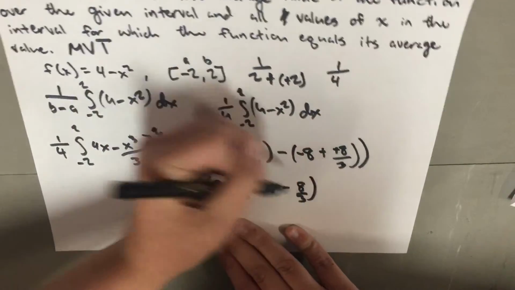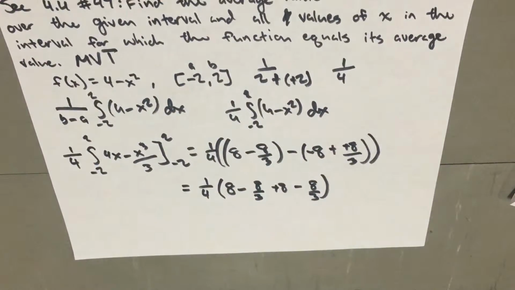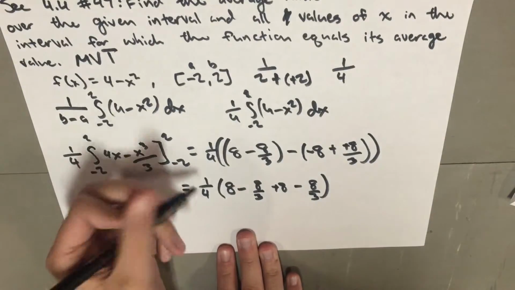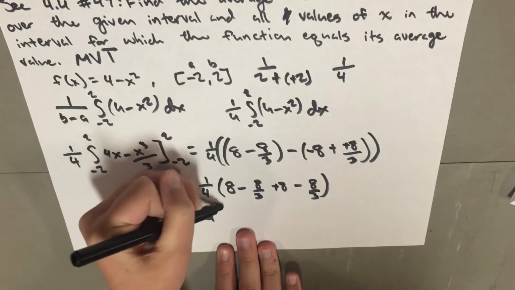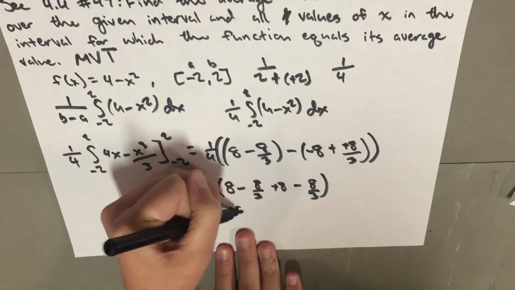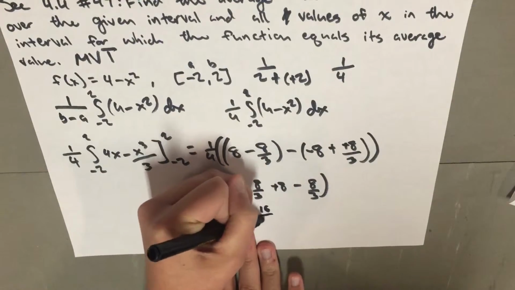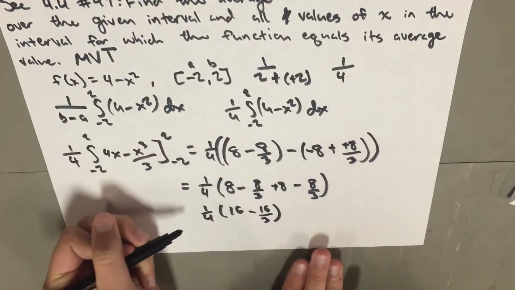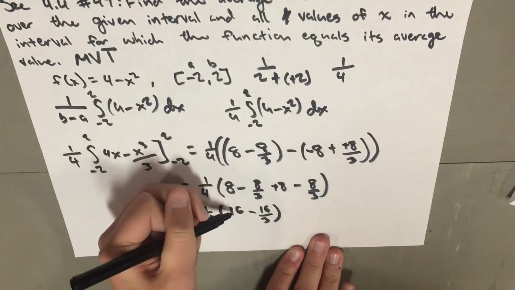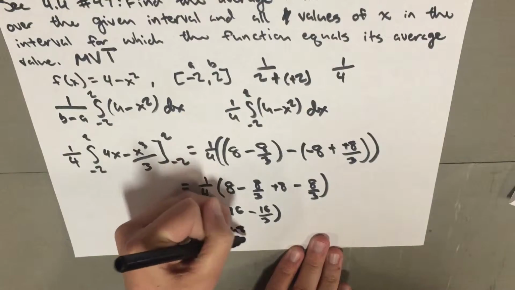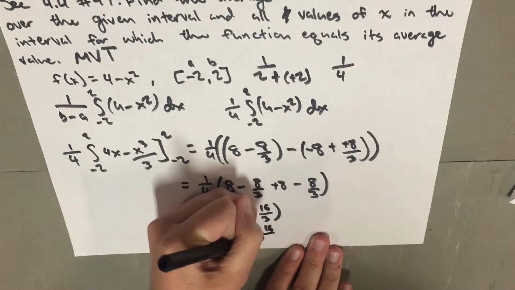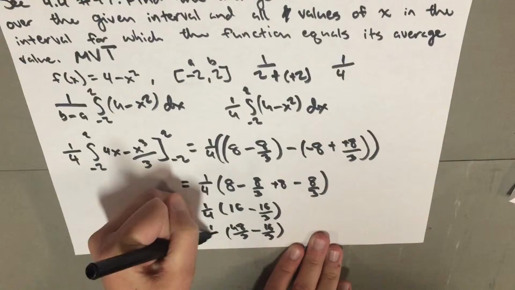And then going a little bit further, just adding and subtracting in our parentheses. 8 plus 8 is 16. Negative 8/3 minus 8/3 is negative 16/3. And to simplify that, 16 minus 16/3 is equal to 48/3 minus 16/3, all multiplied by 1/4.